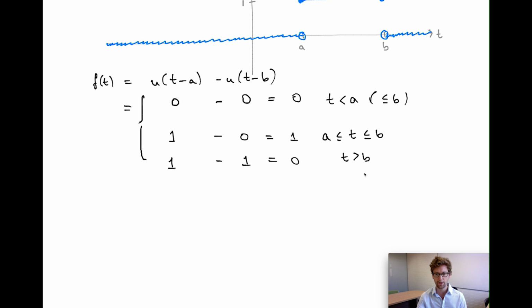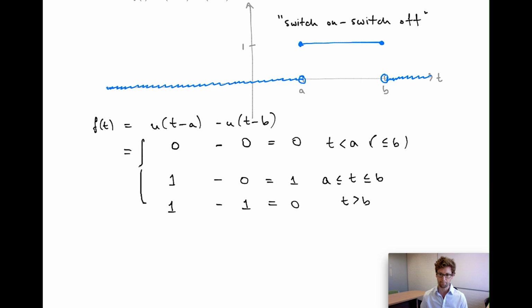And then for t greater than b, I've switched on the first one, but then I've switched off again. So now I'm at 0. So you can see I get this switch on and switch off again. So it exactly reproduces the figure that we've shown here. So this is going to be really useful, this switch on, switch off combination of Heaviside functions. So you should definitely memorize this combination. We're going to use it a lot.